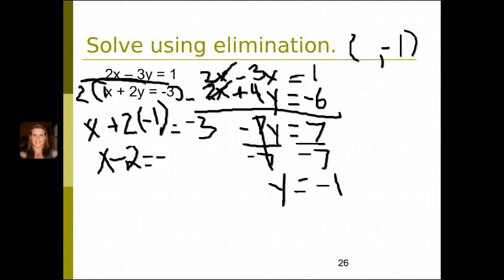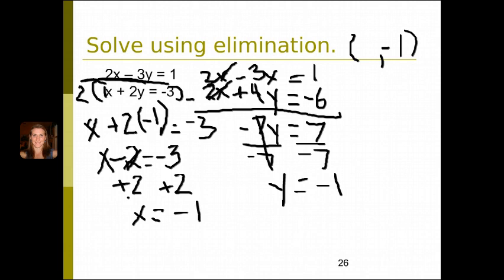To get x by itself, we need to do the opposite, which is to add 2 to both sides. Negative 2 plus 2 cancel, leaving us just with x. And 3 plus 2 gives us 5. So our x value in this ordered pair is 5.